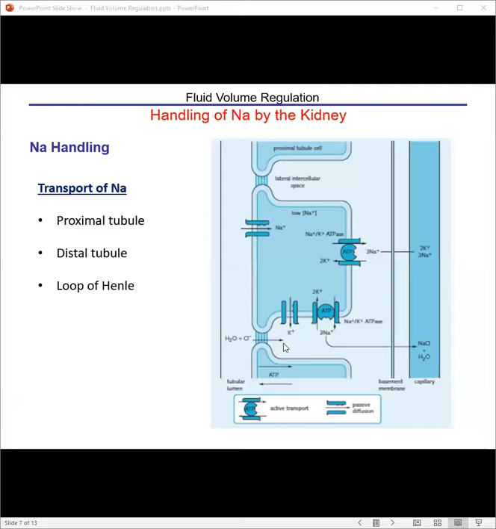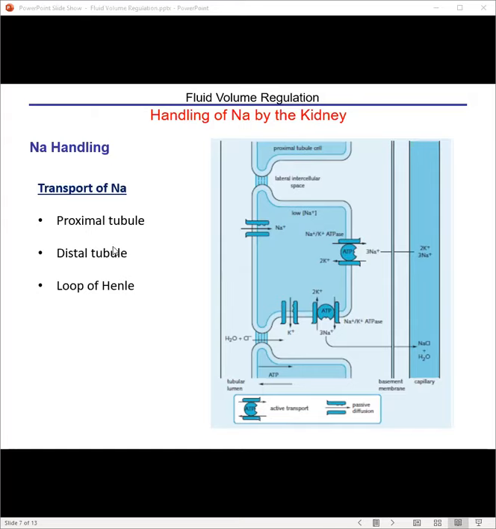So 99% of the filtered sodium in the Bowman's capsule is reabsorbed, and only 1% is excreted in the urine because of this function of reabsorption into the circulation.